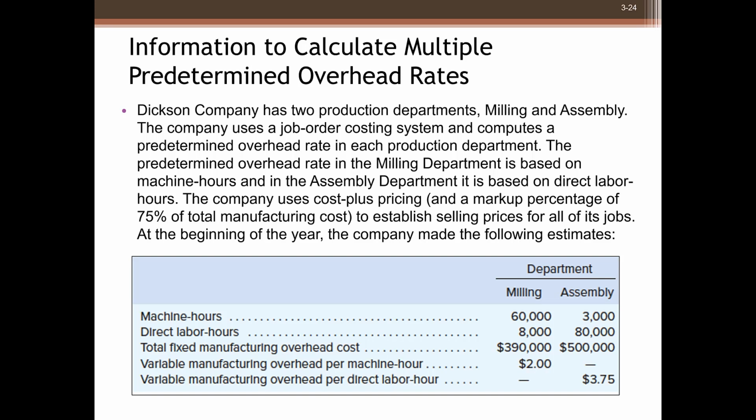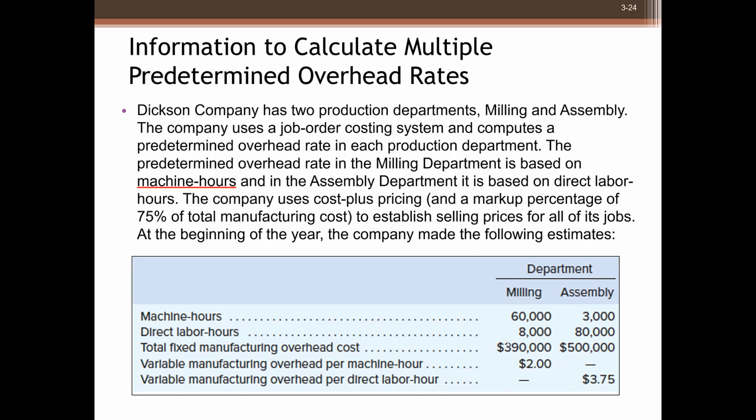At the beginning of the year, the company made the following estimates. For each department, we have machine hours, direct labor hours, total fixed manufacturing overhead cost, variable manufacturing overhead per machine hour for milling, and variable manufacturing overhead per direct labor hour for the assembly department.